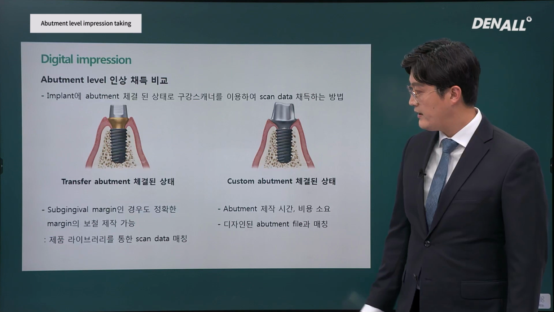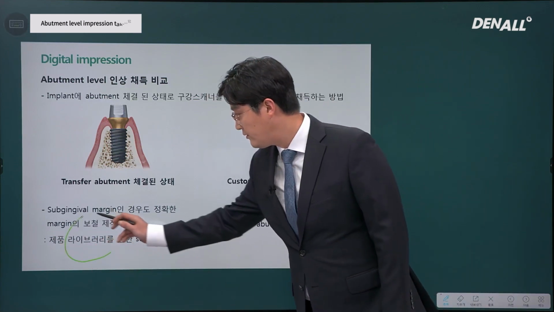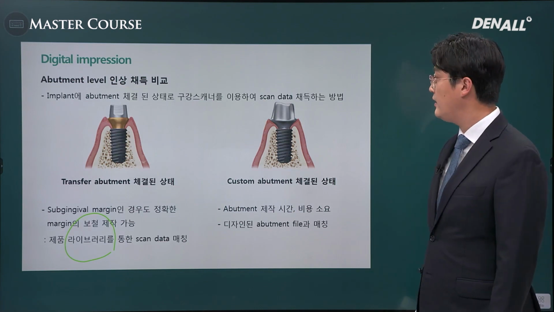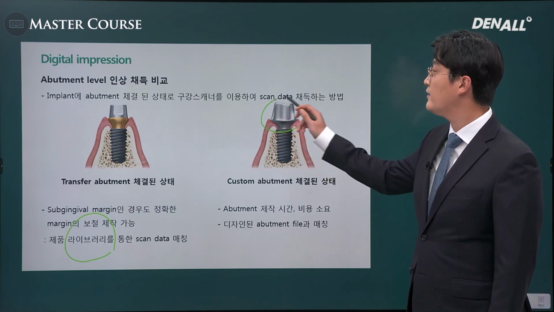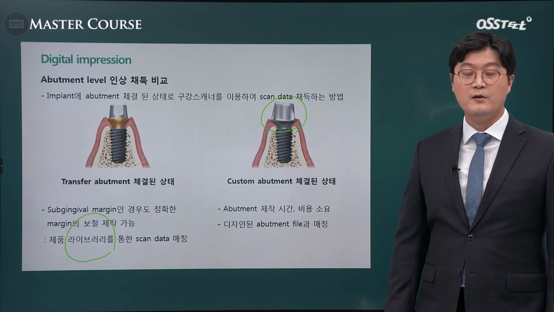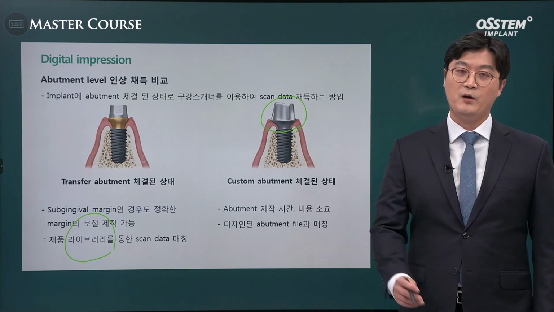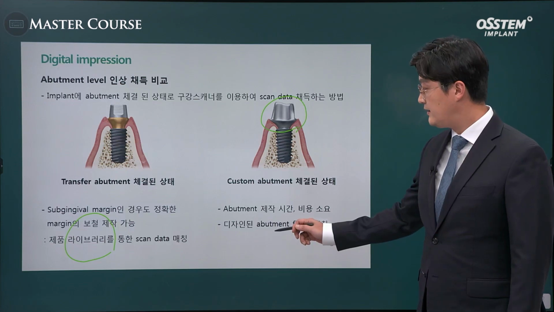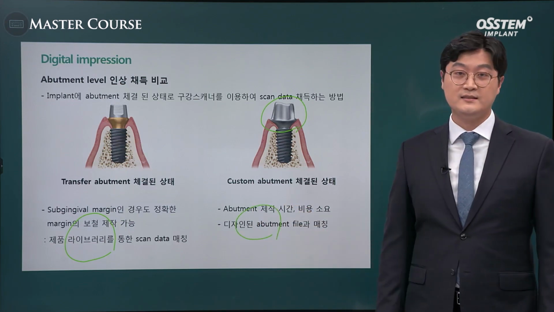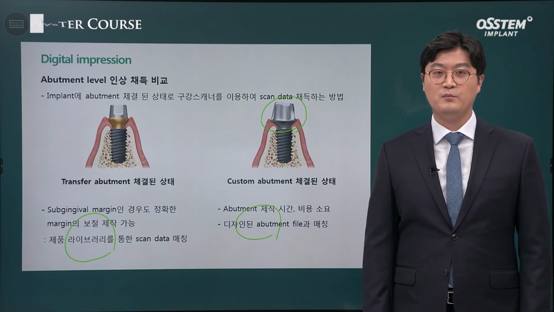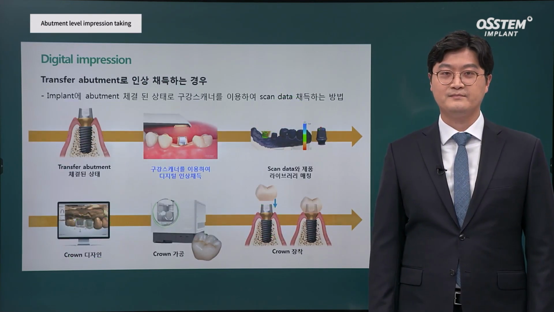The prosthesis can be fabricated by matching the scanned data with the stock abutment product library made by Osstem. The same goes for custom abutments, whether they are made by a lab or in a dental clinic. The design abutment file would exist so it can be matched with the product library.